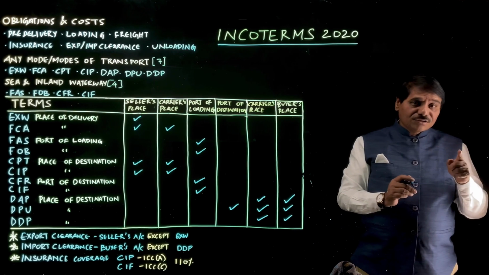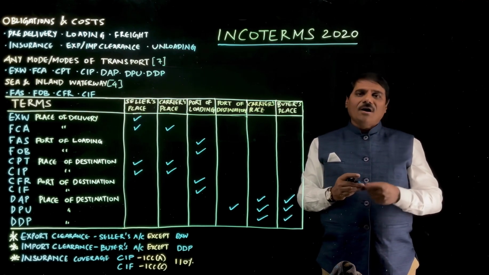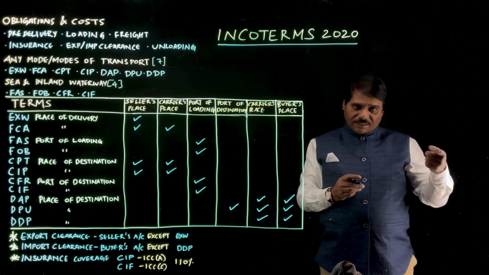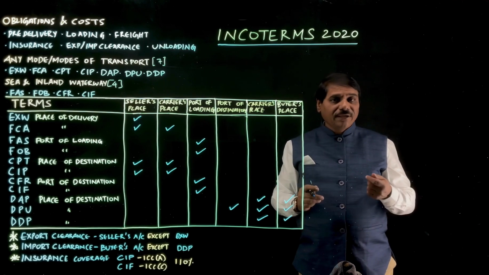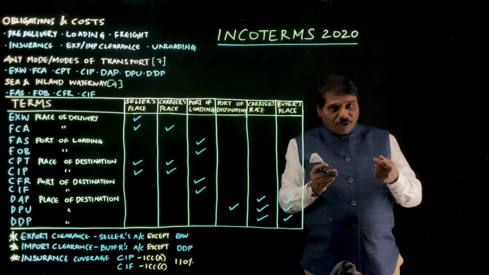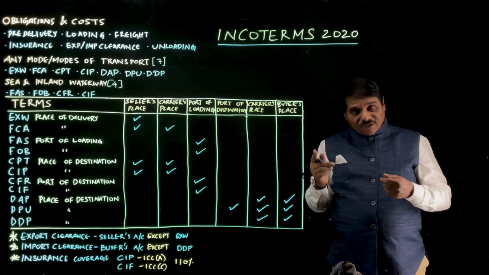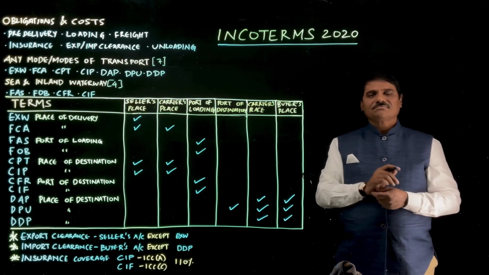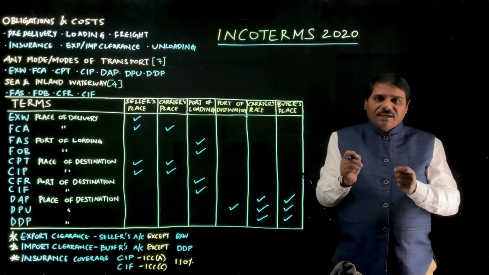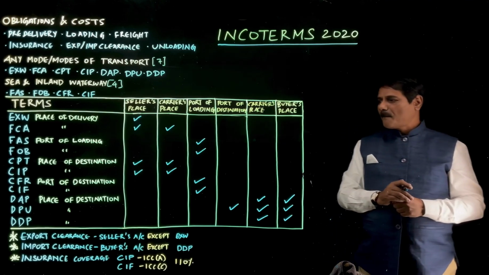Because in case of containerized goods, you are handing over the container in the container yard or delivering the goods at the container freight station. Whereas in case of FOB, goods are to be loaded on board the ship by the seller. In case of container, the seller cannot access the loading operations. So the seller can only hand over the container at the container yard. So that is the difference.